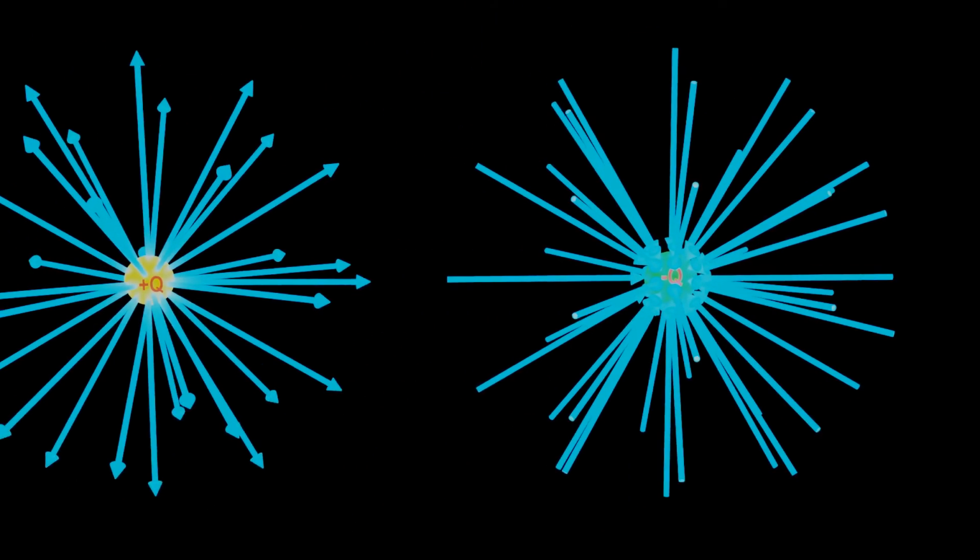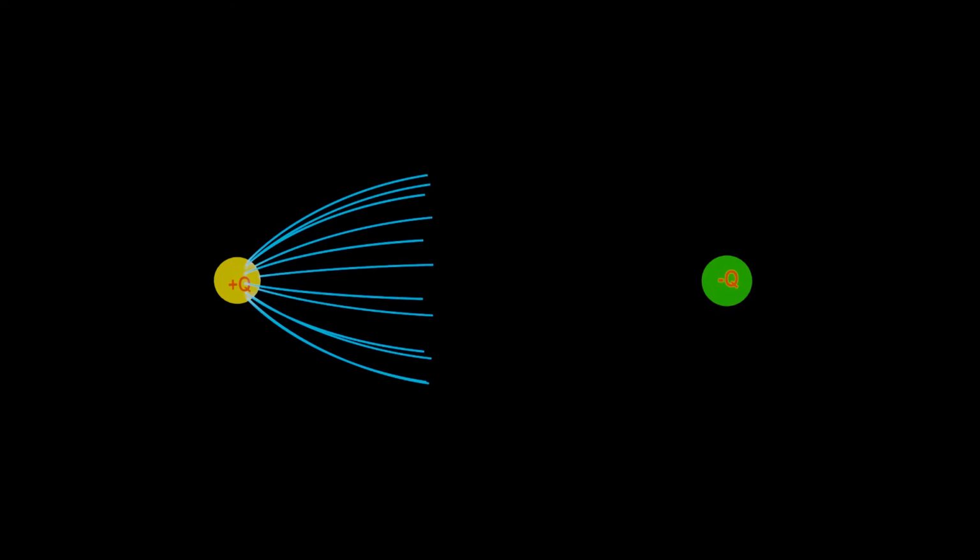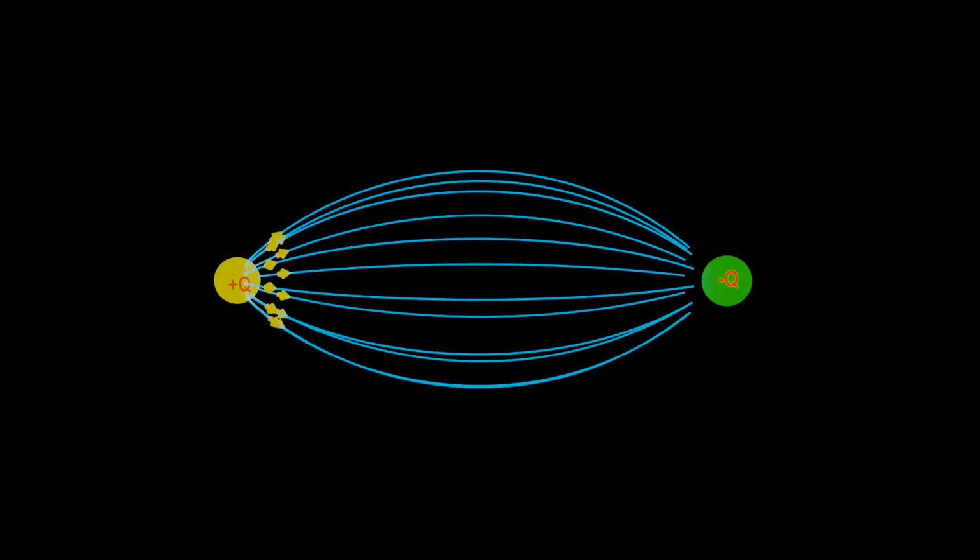On the other hand, if we take the source charge as negative, it will exert an attractive force on the positive test charge. The test charge will move radially inward, indicating that a negative charge generates radially inward electric field lines. In this way, we get an imaginary picture that shows the electric field lines emerge from the positive charge and enter into the negative charge.